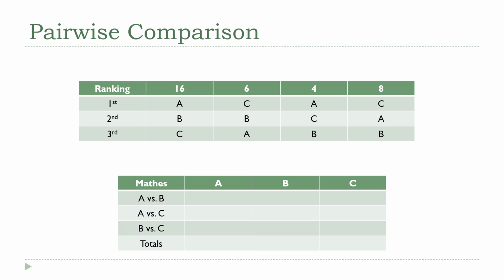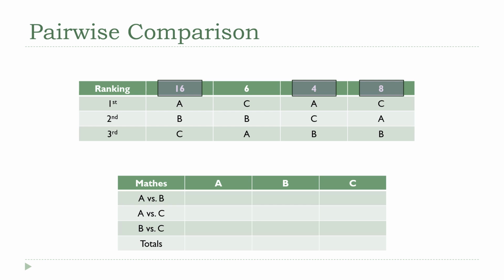Okay, so let's start with A versus B. Go up to the table. There are 3 columns where A was preferred to B. That's these 3 here. In the 16-vote column, A was first, B was second. In the 4-vote column, A was first, B was third. And in the 8-vote column, A was second, B was third.